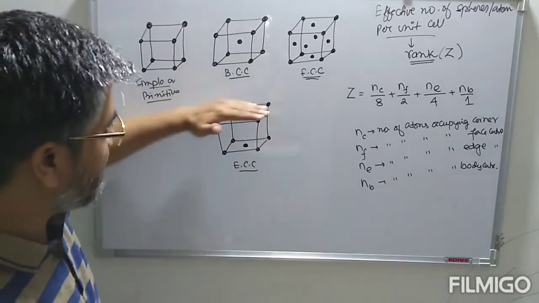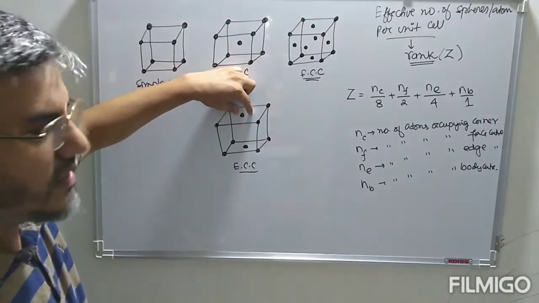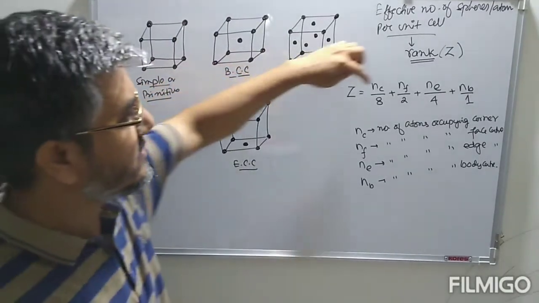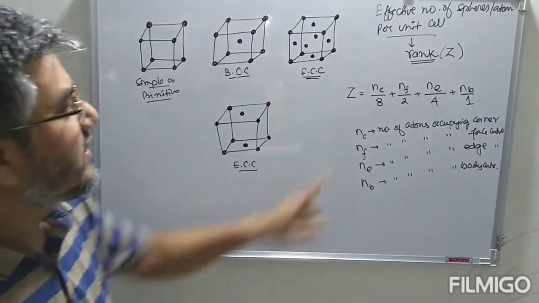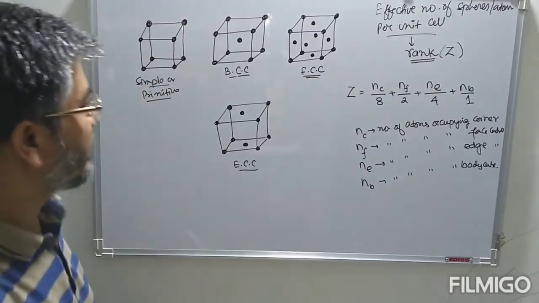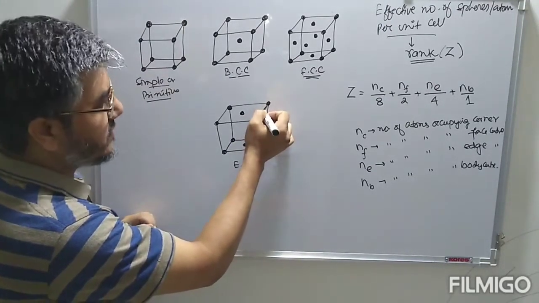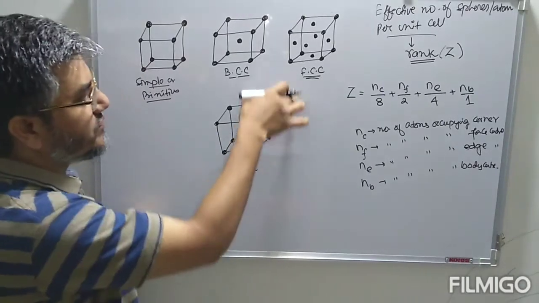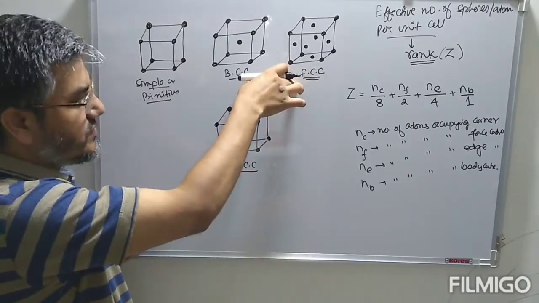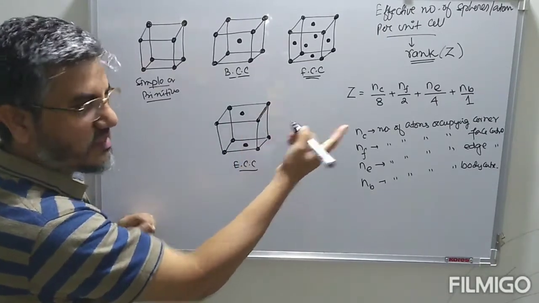We have a unit cell, and above it we can place another unit cell, so this face is common to 2 unit cells. The effective contribution of a face center atom is half. Then the edge center. This edge is common to 4 unit cells. We place one unit cell, then 2, and above these we can also place 2 unit cells. So each edge is a combined property of 4 unit cells.